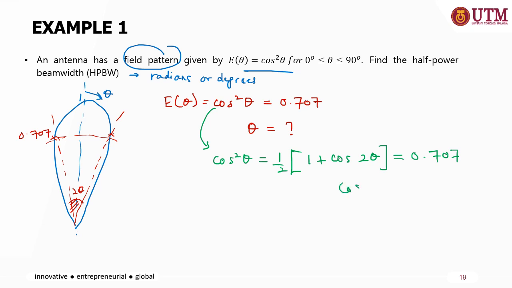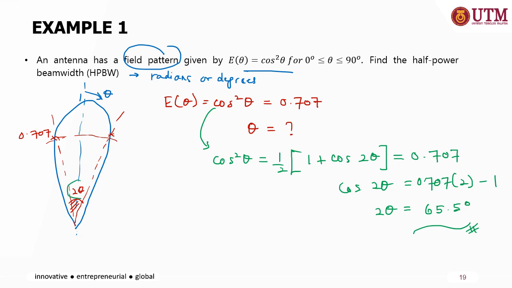So your cos 2 theta equals 0.707 multiplied by 2 minus 1. You can calculate 2 theta equal to 65.5 degrees.